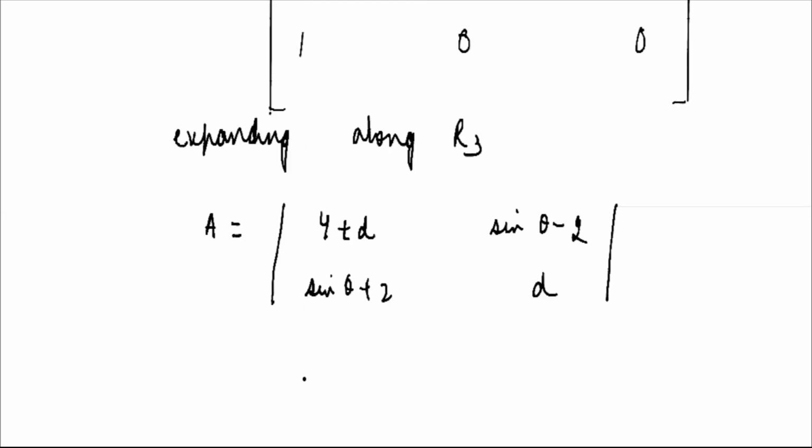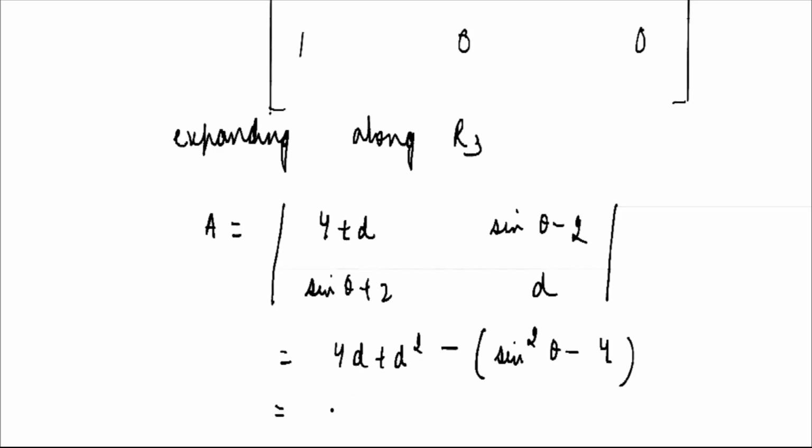Let's find out the determinant. So that would be 4D plus D square minus of, now it is sine theta plus 2 sine theta minus 2. So I can write it sine square theta minus 2 square, that is 4.